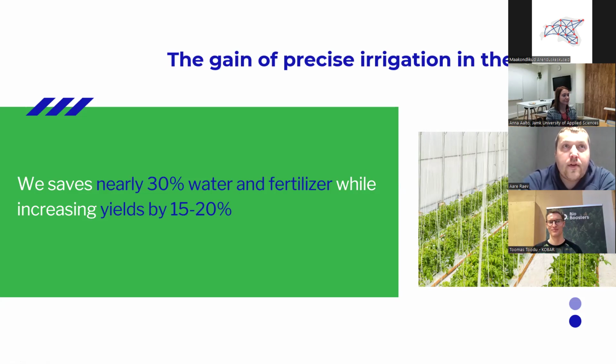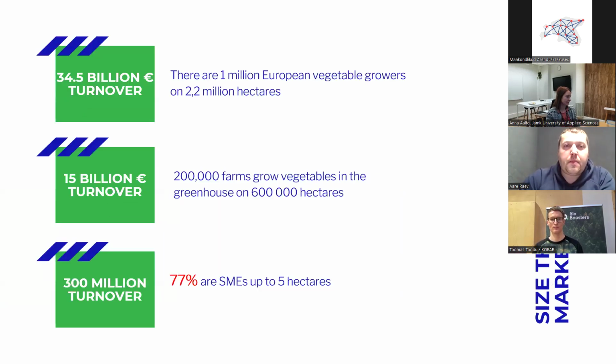And this gave Mirko the idea that maybe there are other companies who are also looking for better solutions, how to decrease the water and decrease the costs, and how to increase the yield. And this was, let's say, the first point of our company, because we looked at the European markets.